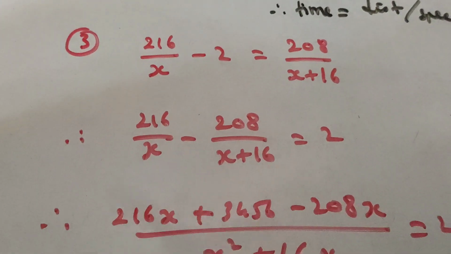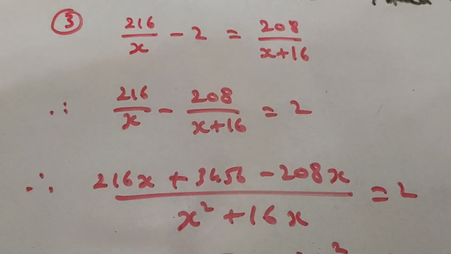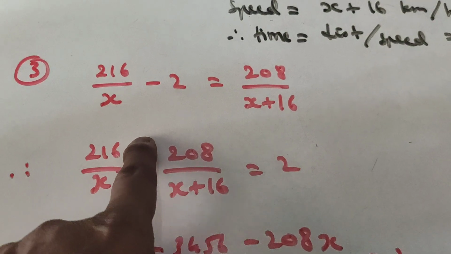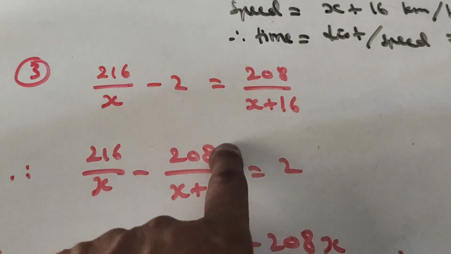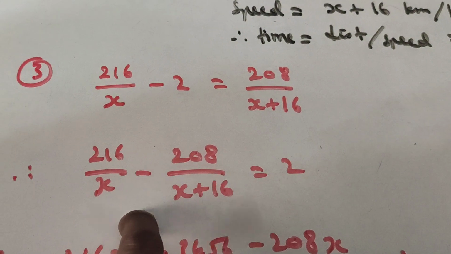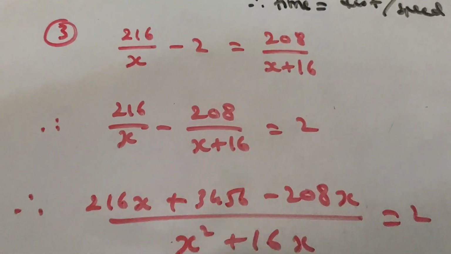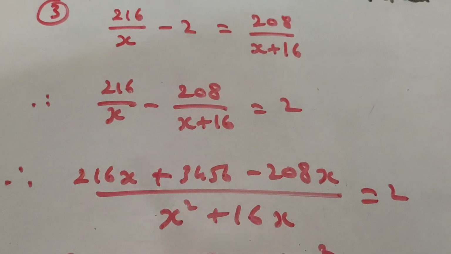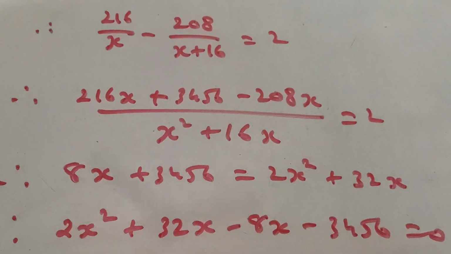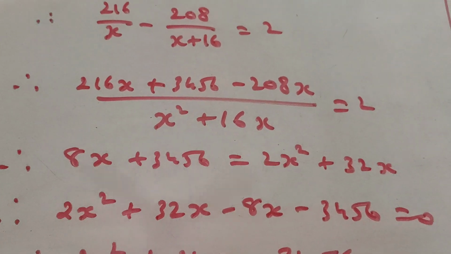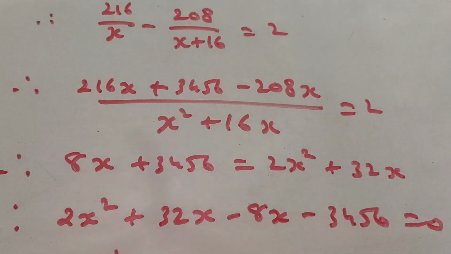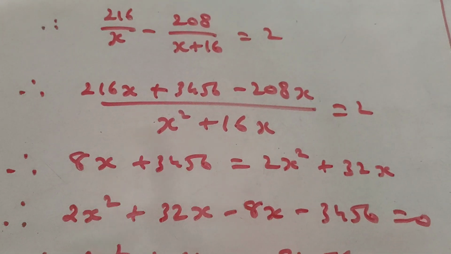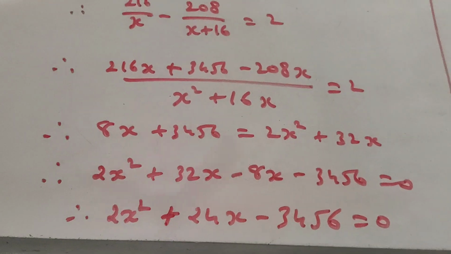Now solving this one, I hope you understood how I am solving this. x plus 16 goes and multiplies with 216, x goes and multiplies with 208, and in the denominator you get x bracket x plus 16. That means opening the bracket you get x square plus 16x is equal to 2. And simplifying it, we are getting 2x square plus 32x minus 8x minus 3456 equal to 0.